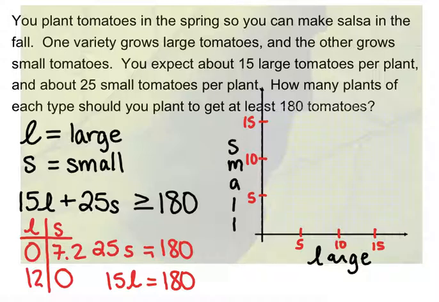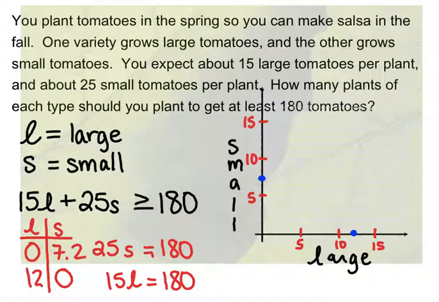So 0, 7.2, 12, 0. Now, do you understand 12, 0 means that I would have to have 12 large plants and no small plants, or I'd have to have 7.2 small plants and no large plants.